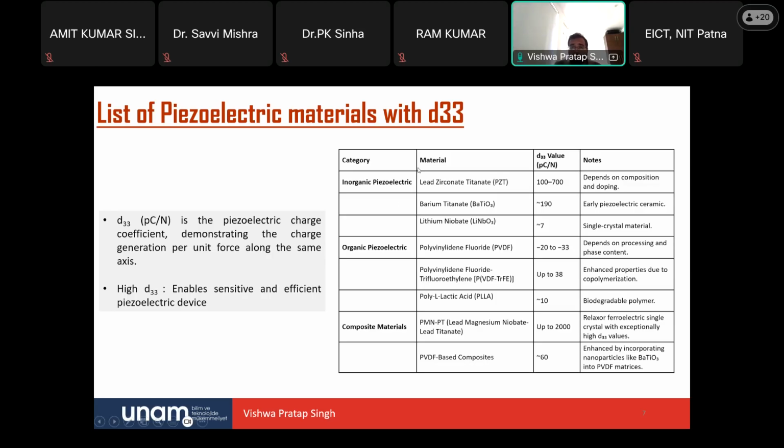We already have these values for the inorganic piezoelectric materials and organic piezoelectric materials. The best piezoelectric material in case of organic is PVDF. In case of inorganic material, lead zirconate has a really high D33, and once you dope it with some other material, you can get a much higher D33 value.